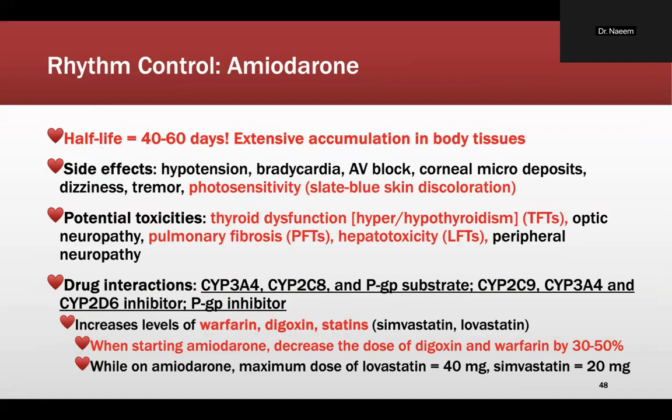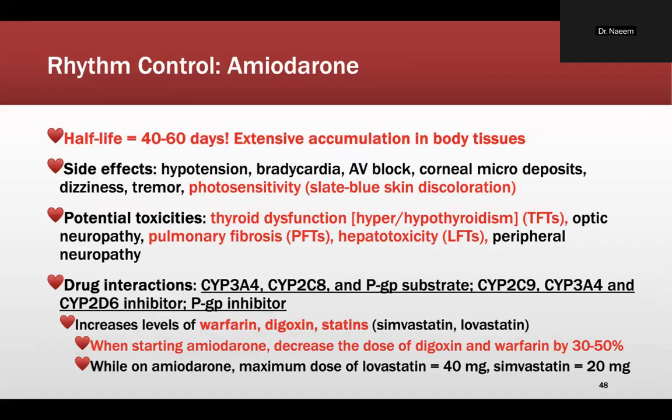Potential toxicities, the ones that I highlighted before and just to reiterate: thyroid dysfunction, pulmonary fibrosis, hepatotoxicity. These are the key ones that you need to really know like the back of your hand, that amiodarone can mess with these organ systems. If a patient has underlying concerns tied to these things, then that's why we keep an eye on the function tests pertaining to that organ system.